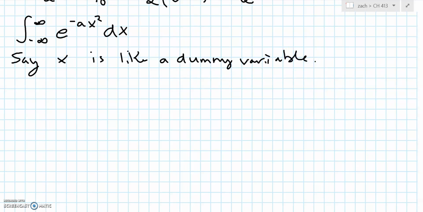So if we do that, we could say that it's y, for example, or z. And actually the easy way to think about this, we're going to call this I. So the way that this problem is generally formulated is we want to calculate I squared. So this is equal to 2 of these integrals now.